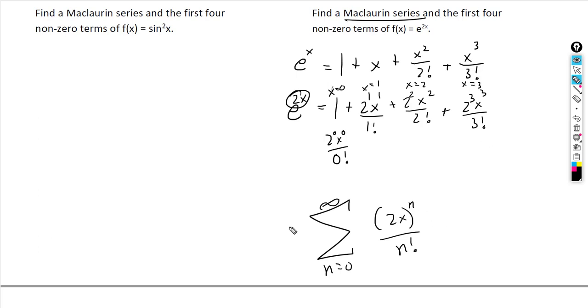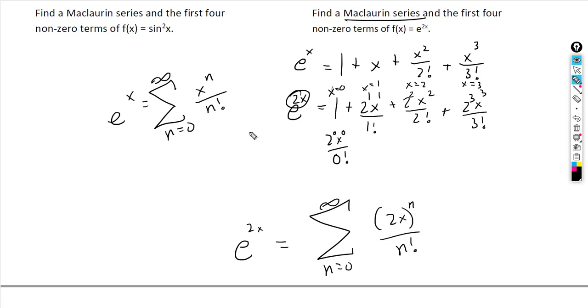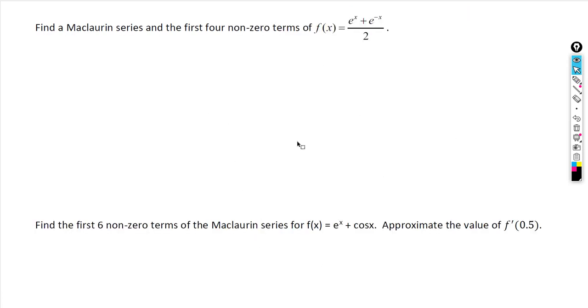So this is my e to the 2x expansion. If I wanted to do my e to the x expansion, I would get n equals 0 to infinity of just x to the n over n factorial. So the only thing that changes is this is not 2x to the n, it's just x to the n, because of that 2 right down there.